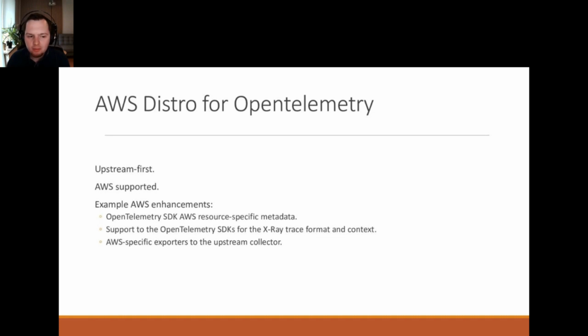For example, they added some specific metadata for the AWS SDK, or they introduced the format for X-Ray trace. X-Ray is a service, basically a tracing tool from AWS. So yeah, that's why they published the distro for OpenTelemetry.